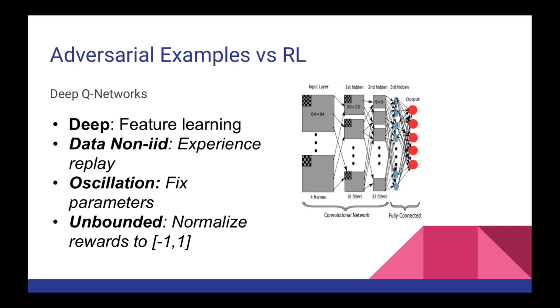They solved the non-IID property of the gathered data by something called experience replay. They solved the problem of oscillation by fixing parameters, and they bounded the rewards by normalizing them to some limit. Normally that limit is between -1 and 1.